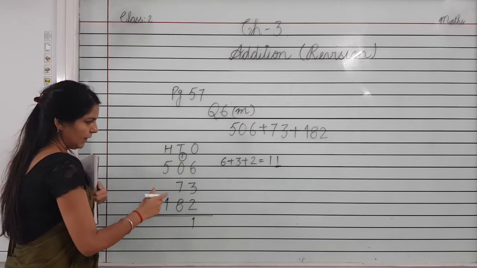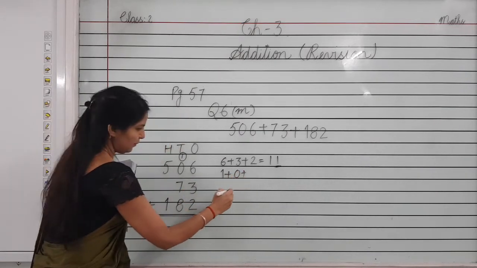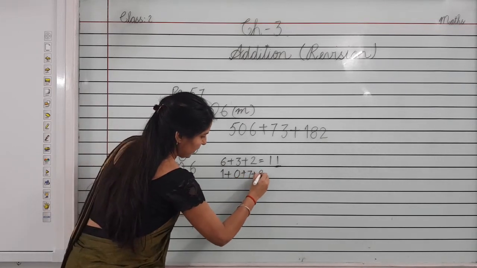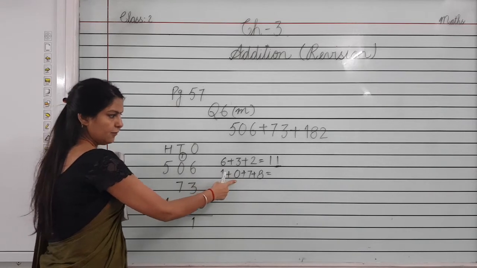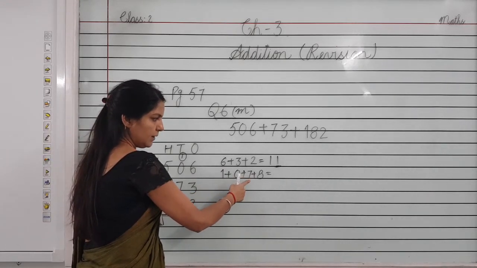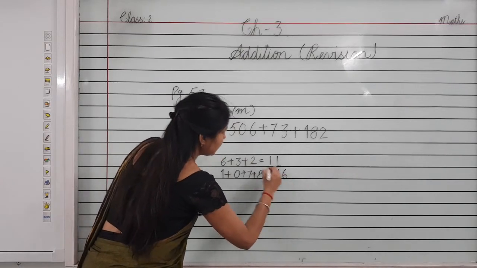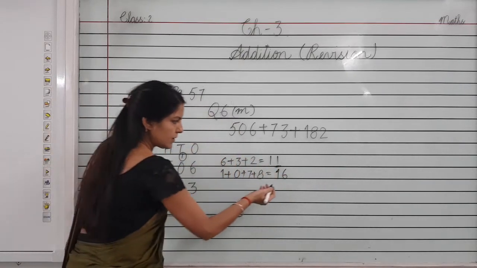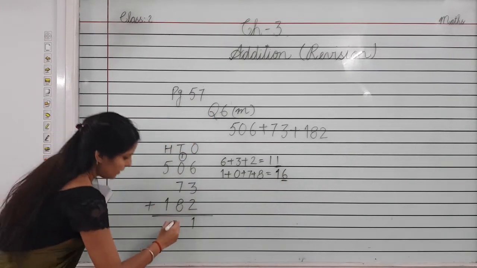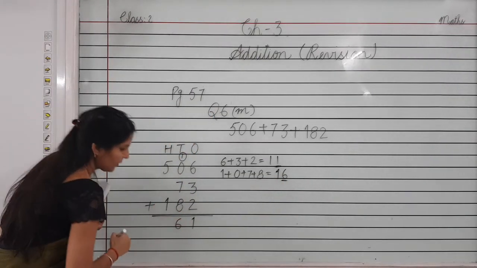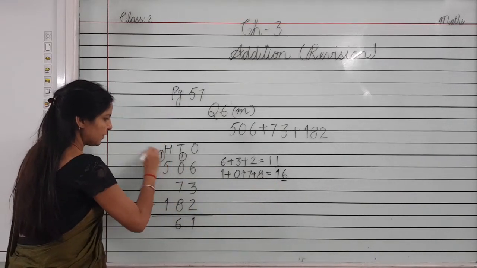Now we will add 1 plus 0 plus 7 plus 8. 1 plus 0 is 1, 1 plus 7 will be 8 and 8 plus 8 will be 16. In 16 here is again two digits. So we will write this 6 which is at ones place below tens, and the another digit which is 1 we will carry over at the hundreds place.